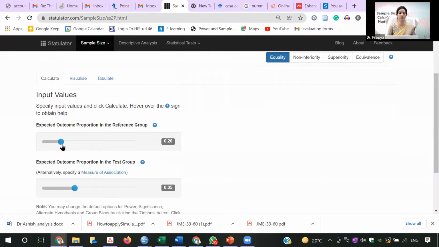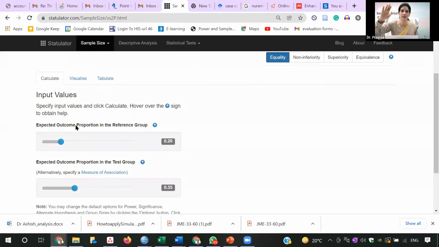This is the expected outcome proportion in the reference group. Now don't get confused by the word outcome here. Statulator is a statistical calculator, so it takes that word outcome. It doesn't know that you have to interpret outcome in this case as exposure.